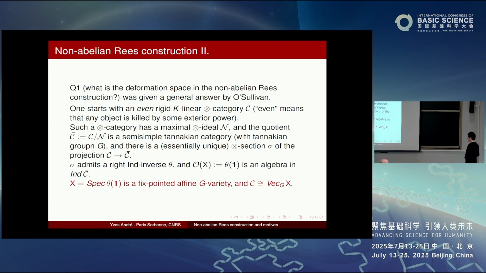And C is equivalent, this is a result by O'Sullivan, to the category of G equivariant vector bundles on X.